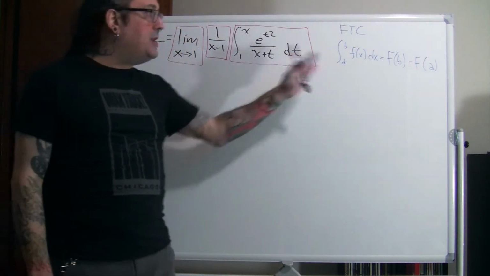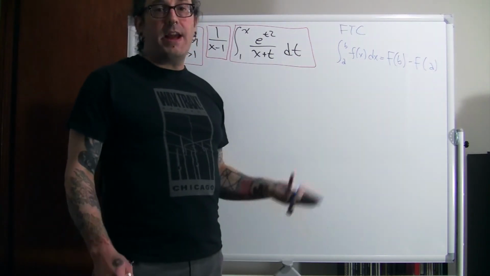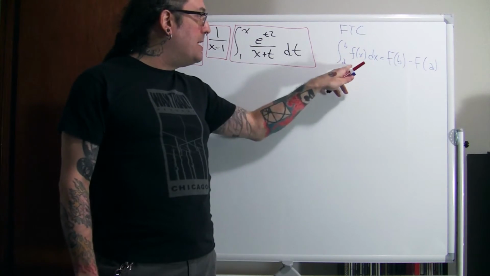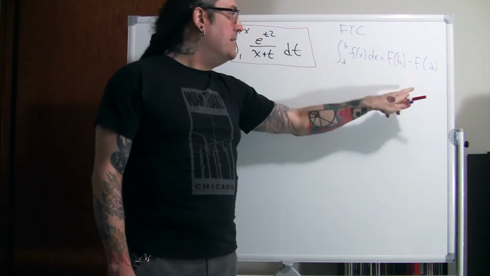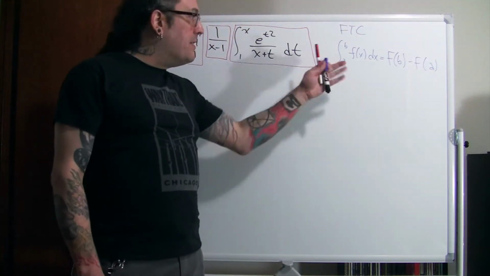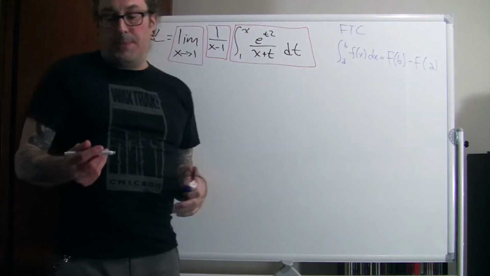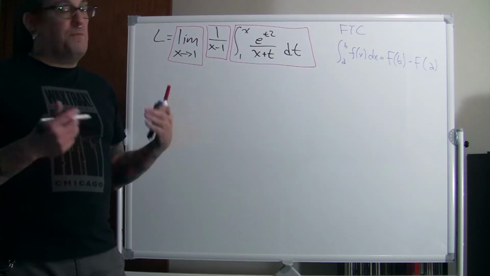We also use this to find the area under the curve of little f between a and b. We take an antiderivative, put the limits in, and calculate the area under the curve between a and b. Those are the two basic uses of this.